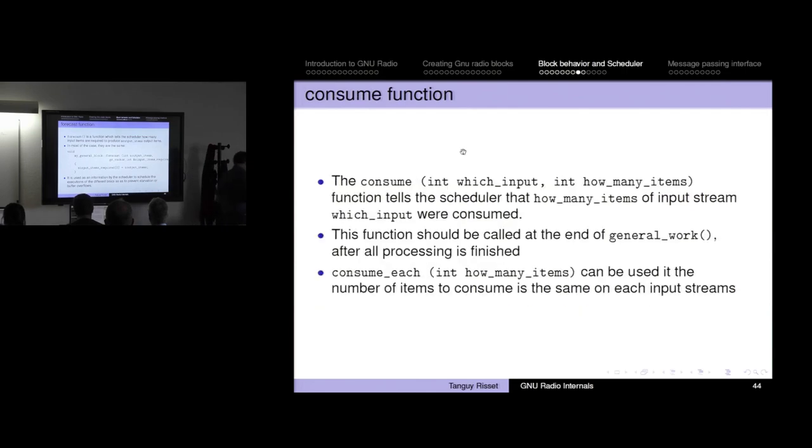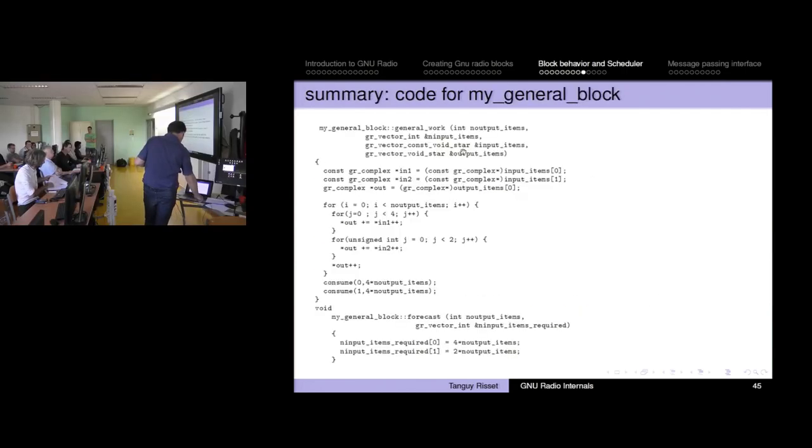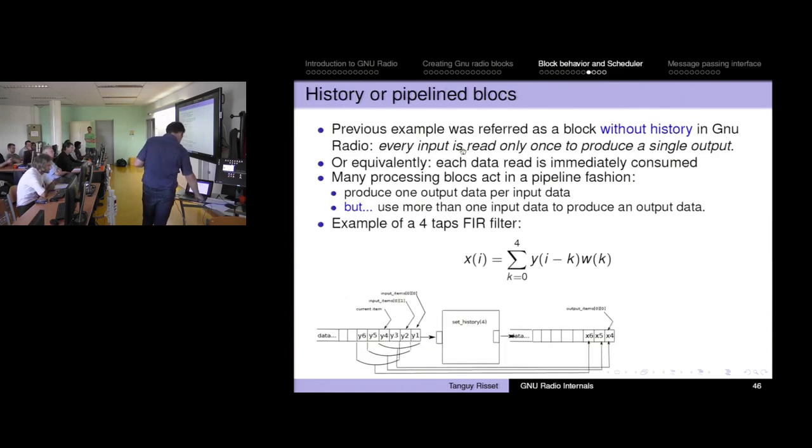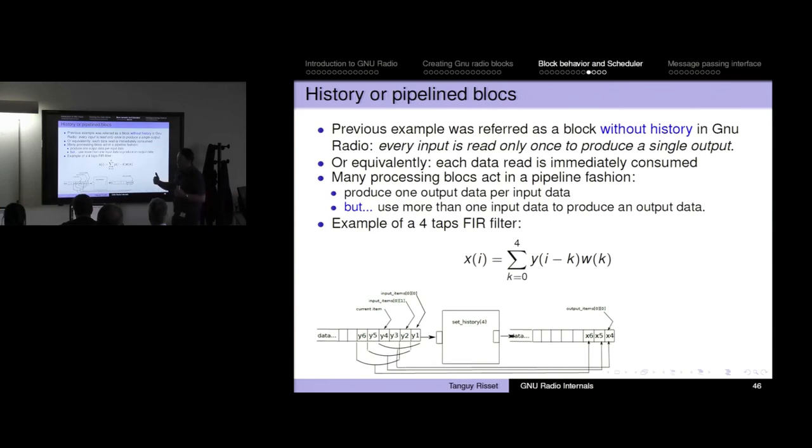Just to mention something very important: sometimes we need more than that. We need to use the current sample and the past samples. If you do a FIR filter, for instance, you use n samples, but this window is shifted: you keep n minus one of them, and you use the following one. This mechanism is implemented in GNU Radio as history.